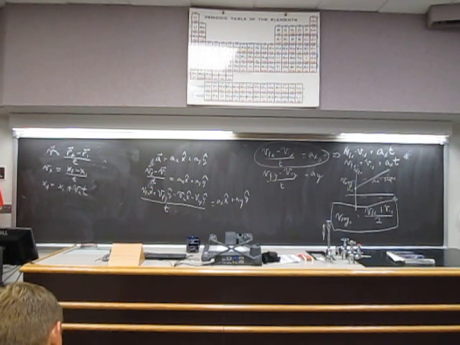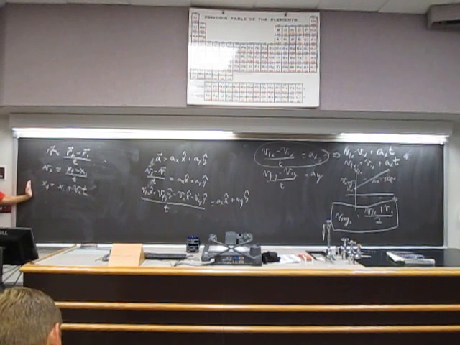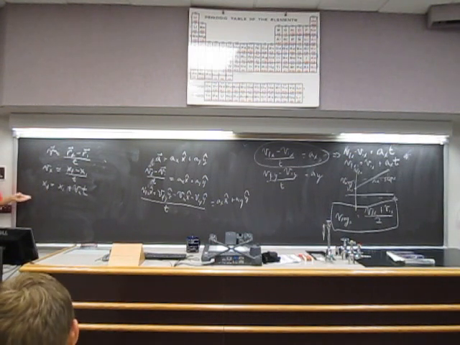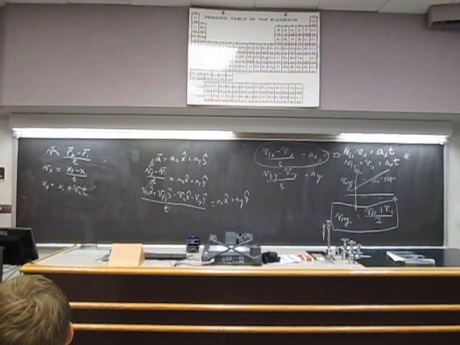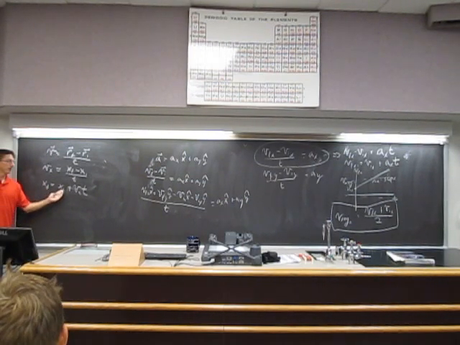Usually, if I have X and Y, Y is vertical and X is horizontal. If I'm graphing them as functions of time, usually the time is the horizontal. Fair enough.